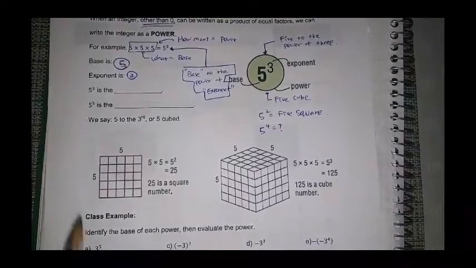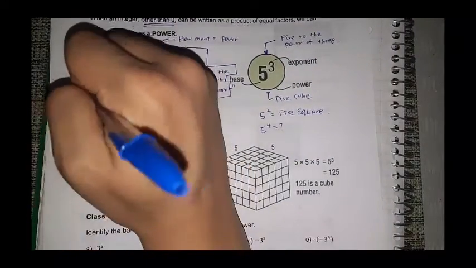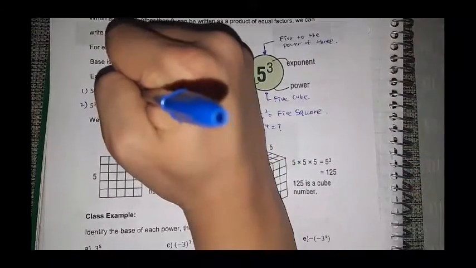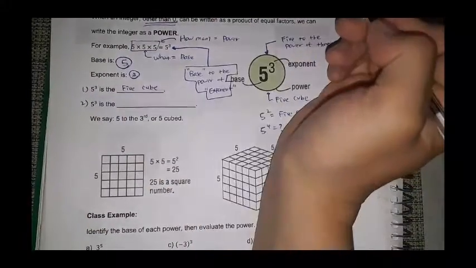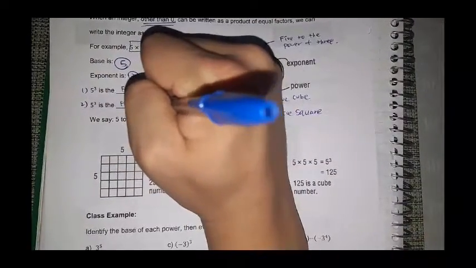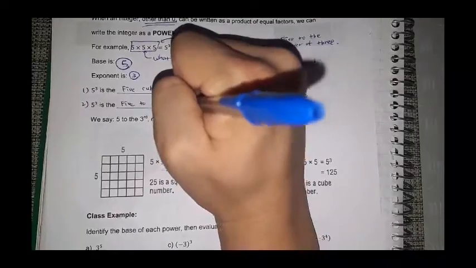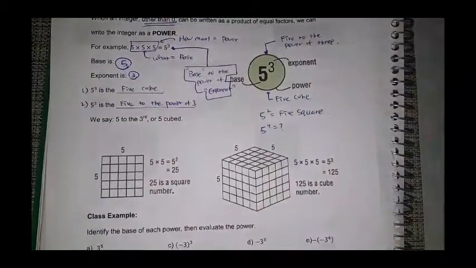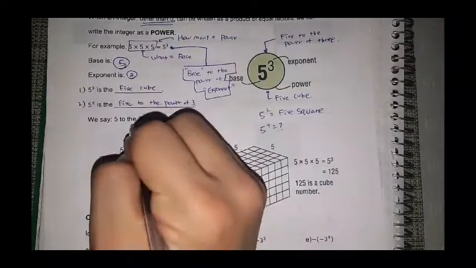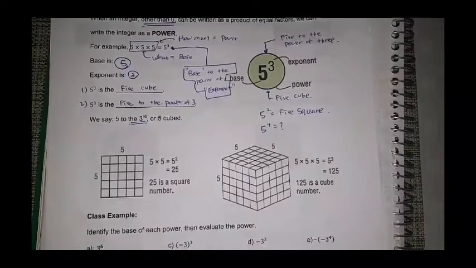Like I mentioned, we can refer to it in 2 different ways. 5, 3 can be written as 5 cube, or another way, 5 to the power of 3, or 5 to the third is another way that you can use. And again, it's your choice.